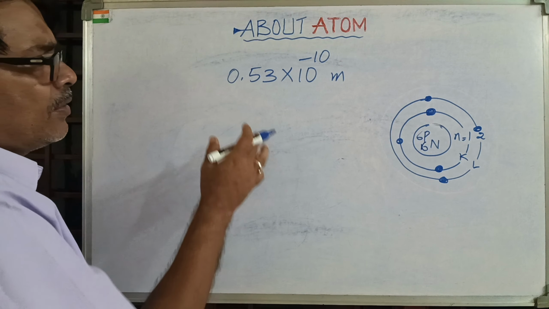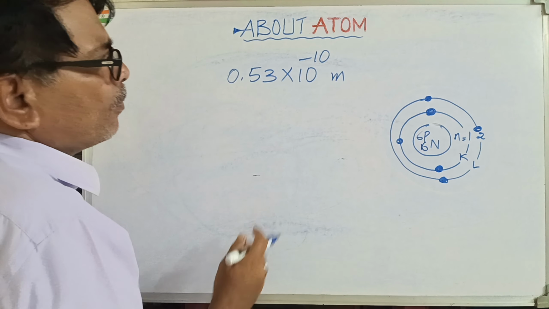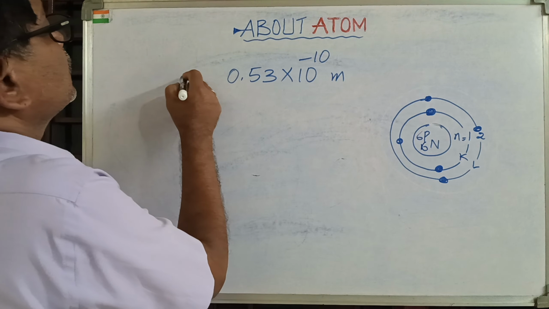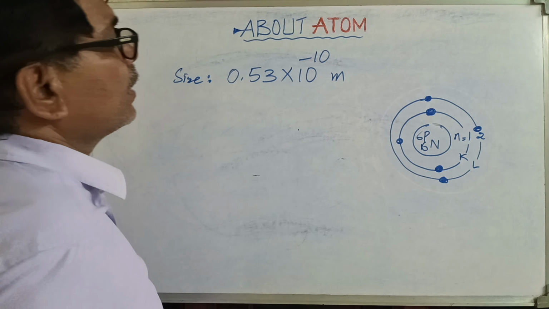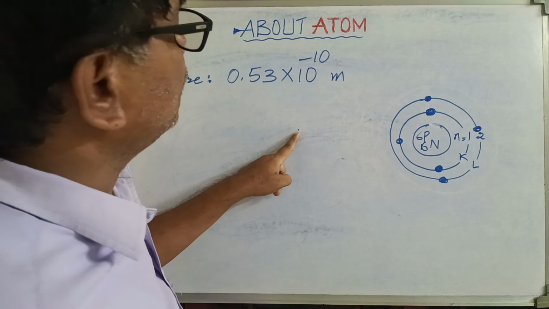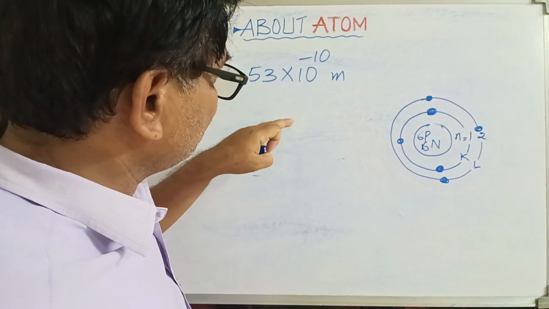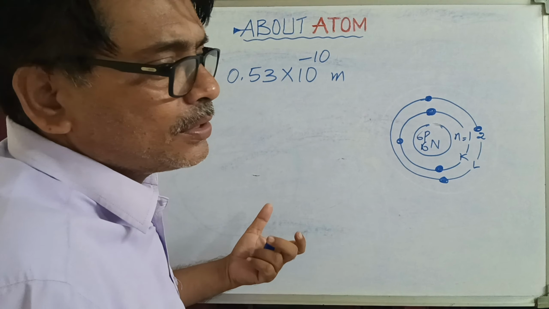So it is a very small one. You can imagine this is an atom, but it is still not visible to the naked eye. I should simply say that this is an atom and you should believe it, because it cannot be seen with the naked eye.